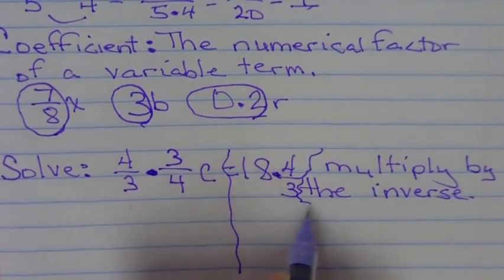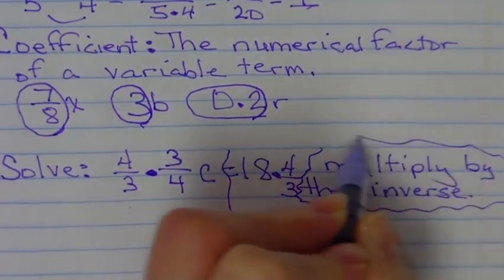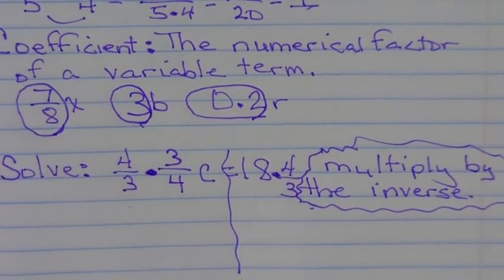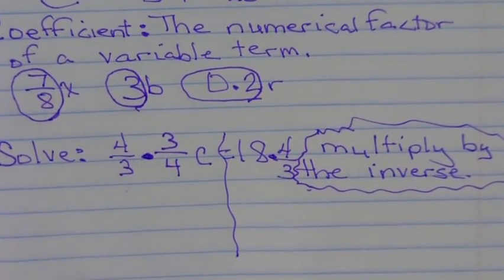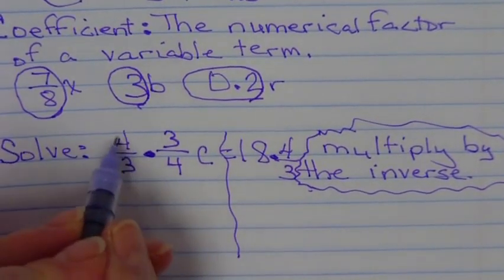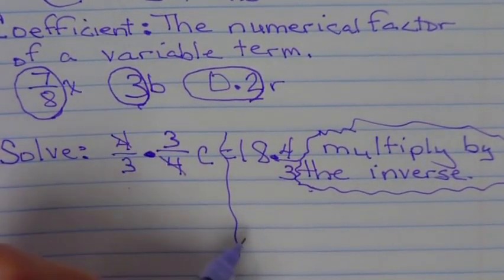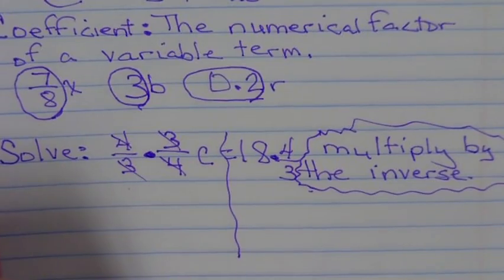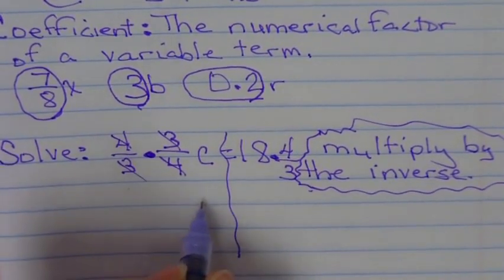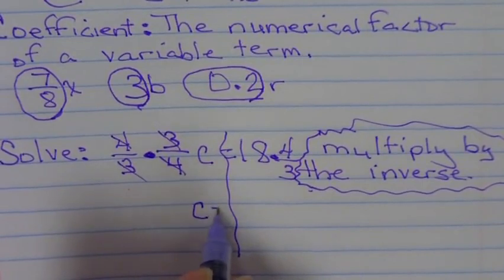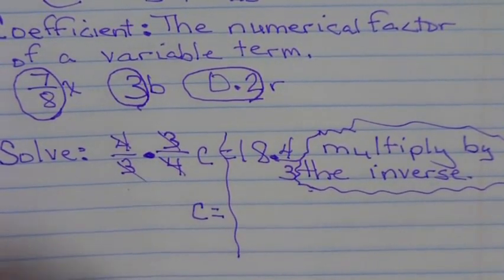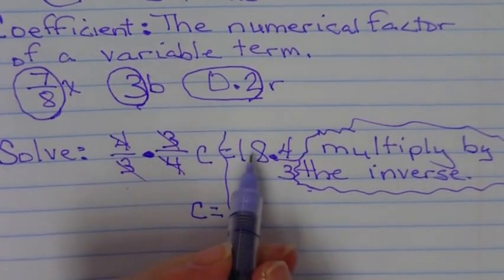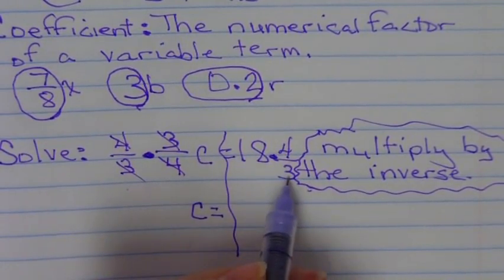I should not have put those notes close like that. Sorry about that. So now we know that 4 divided by 4 is 1, and that 3 divided by 3 is 1. Multiplicative inverses knock each other out, so we just have the c left. Then we have 18 times 4 divided by 3.